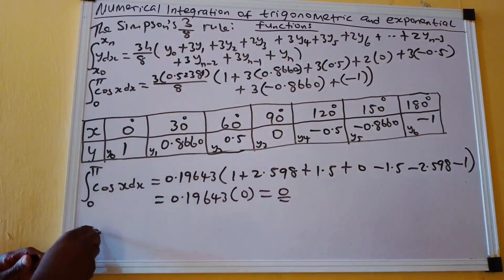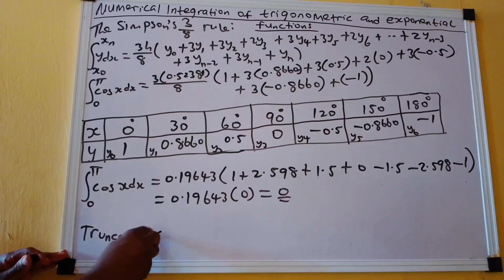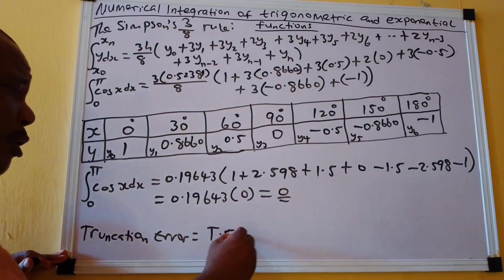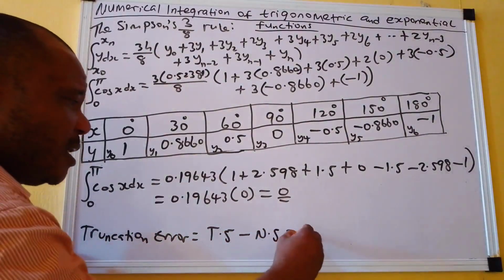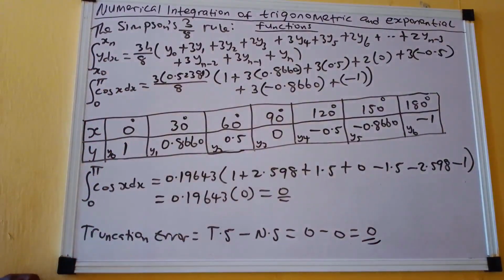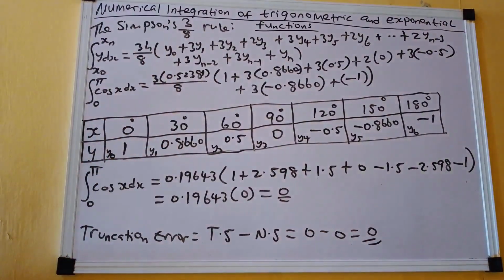So our truncation error will now be equal to the true solution minus the numerical solution, 0 minus 0, and that is equal to 0. So you can see again that the Simpson's 3/8 rule has given us 0 as the solution, and the truncation error is now 0. So the Simpson's 3/8 rule is also error free for this particular problem.